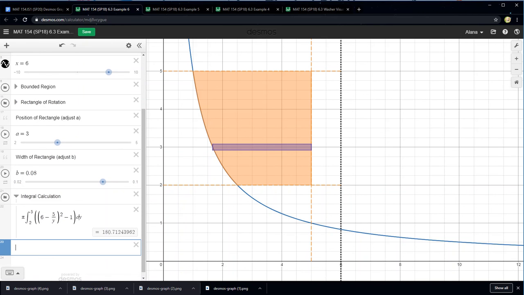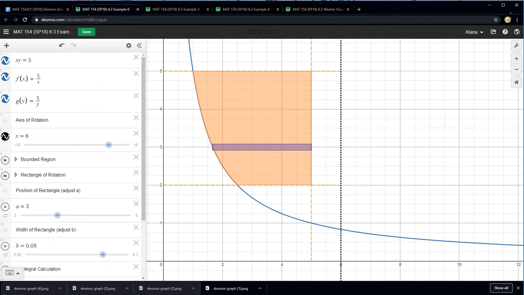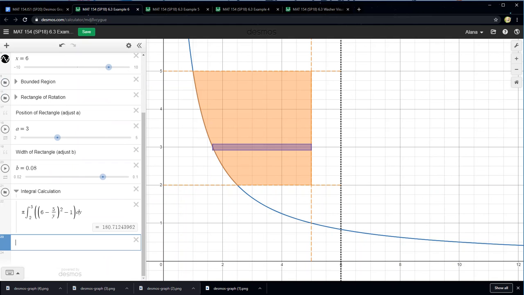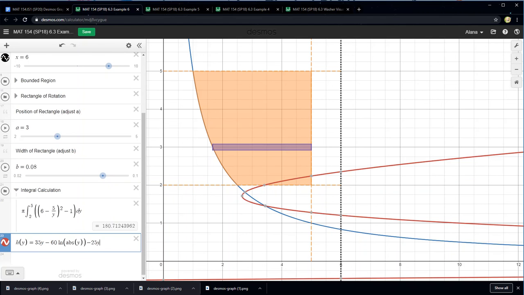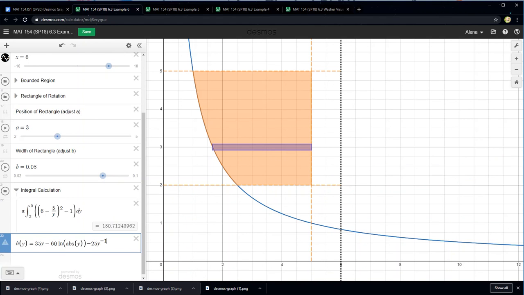All right, so let me just name these functions. I'm going to say h of y is equal to 35y, I'm just using that integrand, 35y minus 60 natural log of the absolute value of y. The absolute value actually won't matter to us because 2 and 5 are both positive, so it doesn't make any difference.